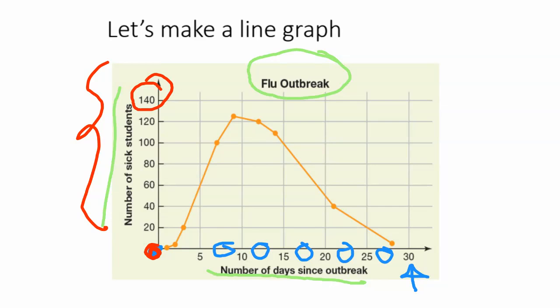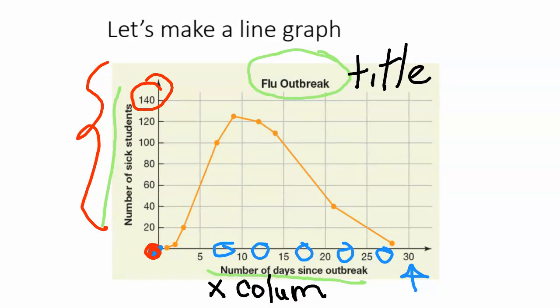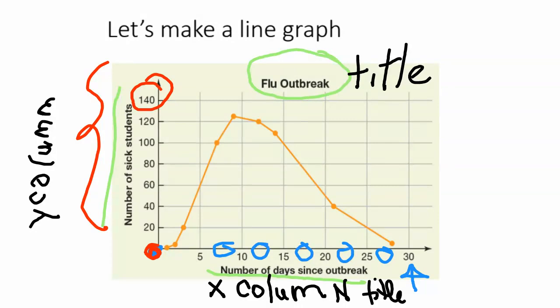So, in this case, this is the overall title of my axis. This is my X column title from my table. This is my Y column title from the table.